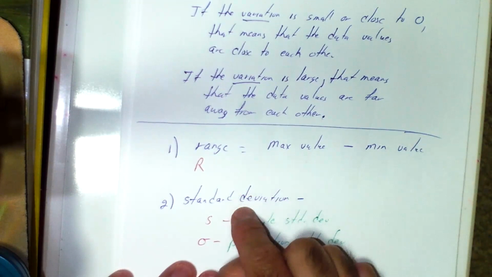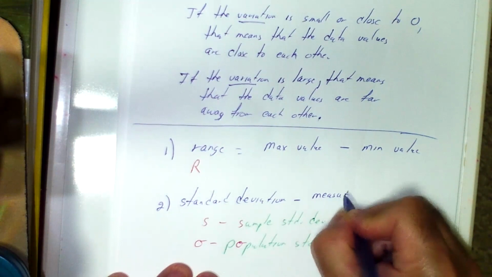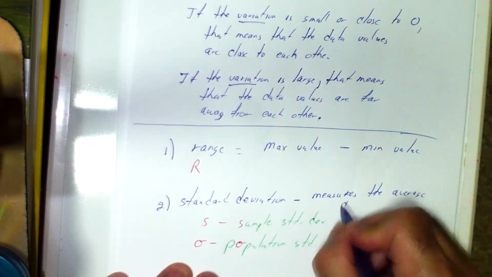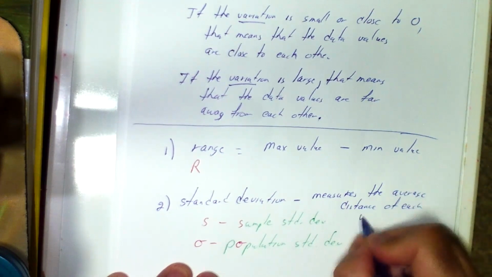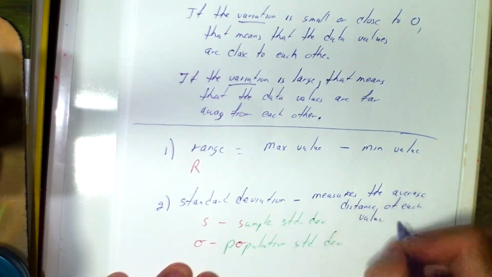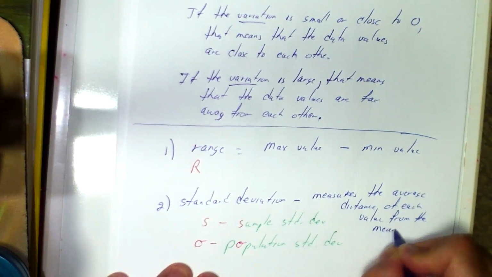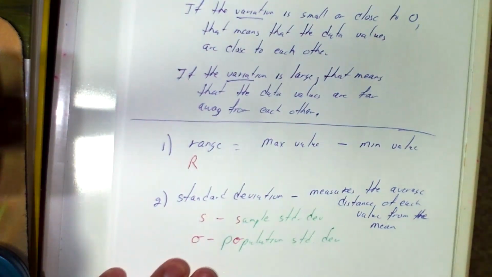But pretty much, standard deviation measures the average distance of each value from the mean. That's what the standard deviation is measuring. So for every single data value that you have, it measures the distance from the mean, and that gives you a value.